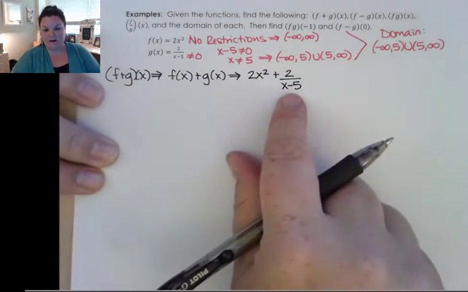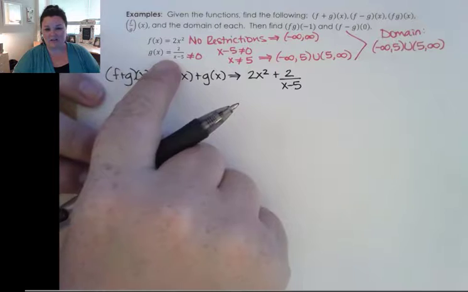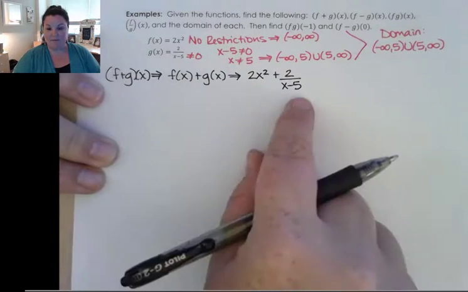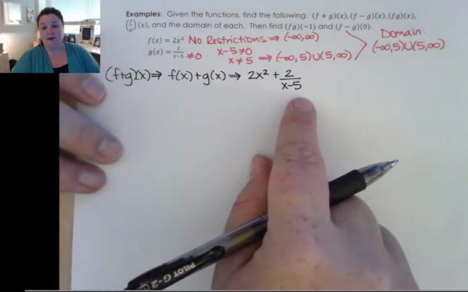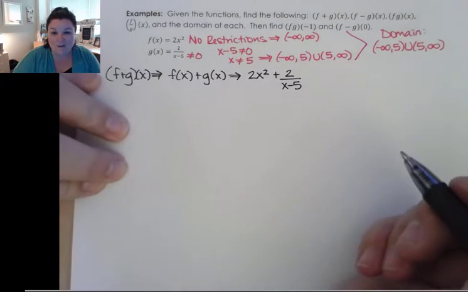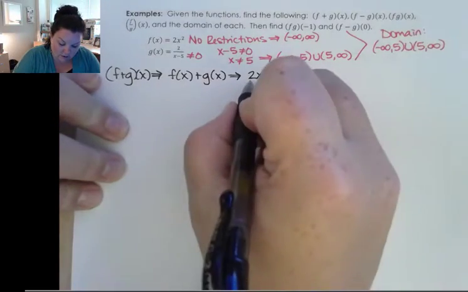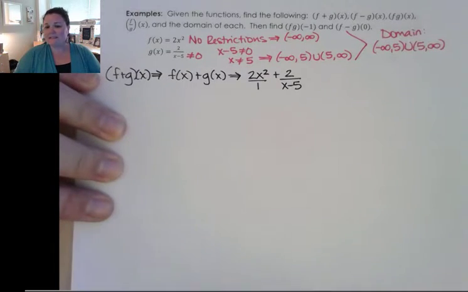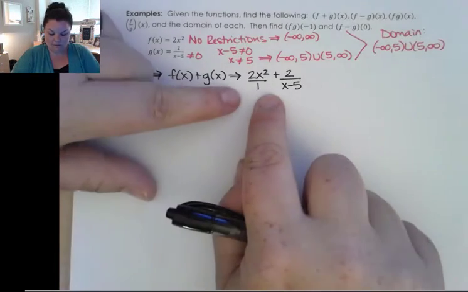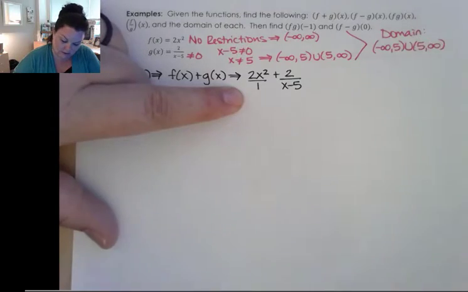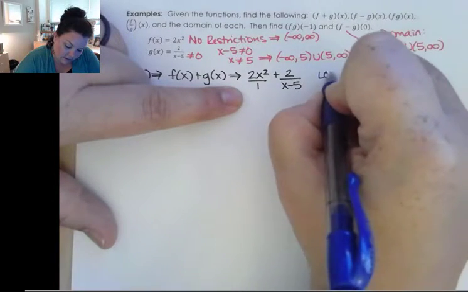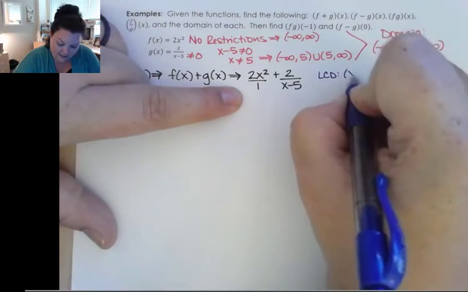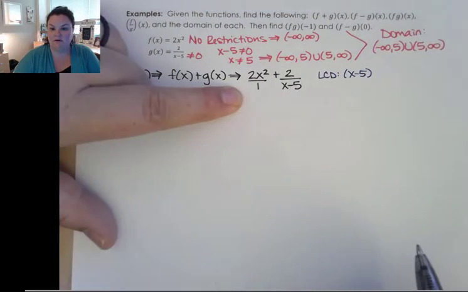Now, unfortunately, whenever they give us a function that's rational, they're expecting us to come up with a rational function for our answer, meaning we need a common denominator, right? 2x squared, I can write that over 1. And my least common denominator would need to be what? My least common denominator would have to be x minus 5, right?